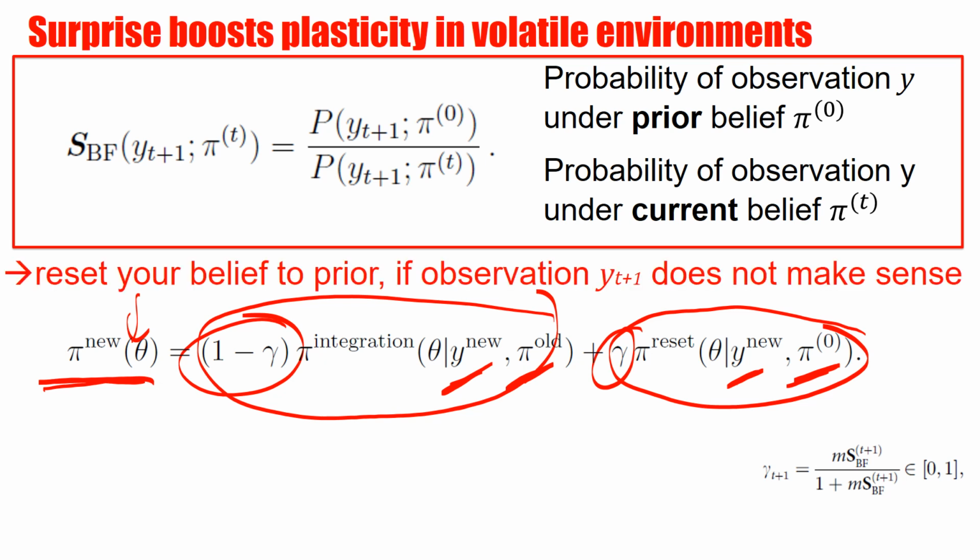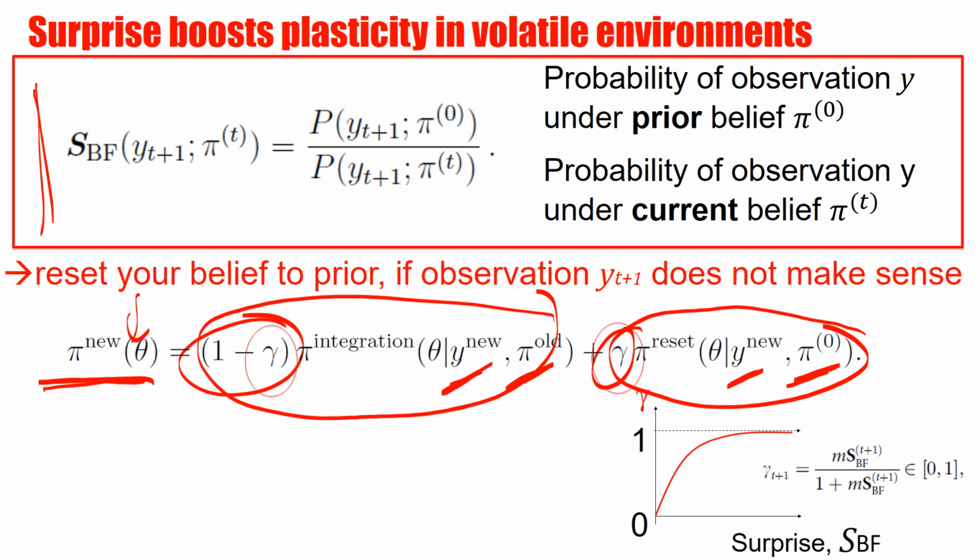So you want to reset your belief to the prior if the observation y at time t+1 does not make sense. Now, how do you do this? Well, you will use this Bayes factor surprise that we have seen in the earlier video.